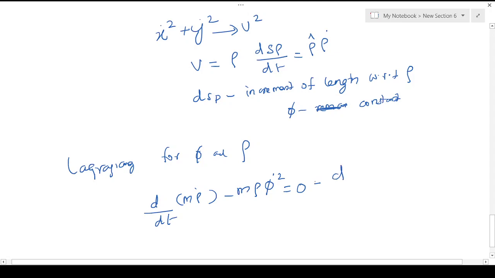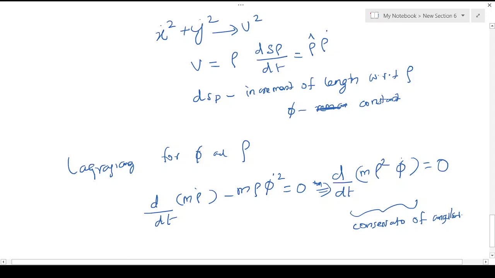We can say that d by dt of m rho square phi dot equal to 0. Okay, so this implies this one. The second equation is a statement of conservation of angular momentum.